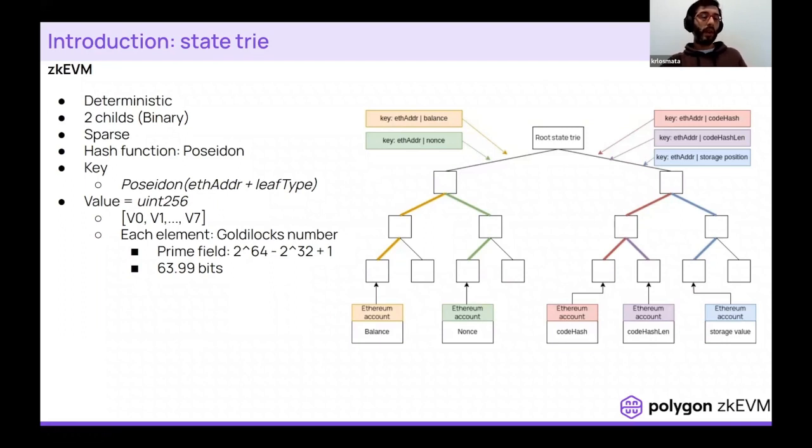Since we need to deal with EVM numbers, and the EVM numbers occupy 256 bits, we need these 8 field elements, and we take only the less significant part of each prime field number. So at the very end, we're dealing with 256 bits, but internally they are 8 elements of a Goldilocks prime field number, and we use the 32 least significant bits.